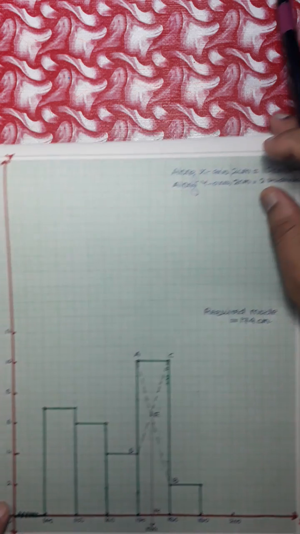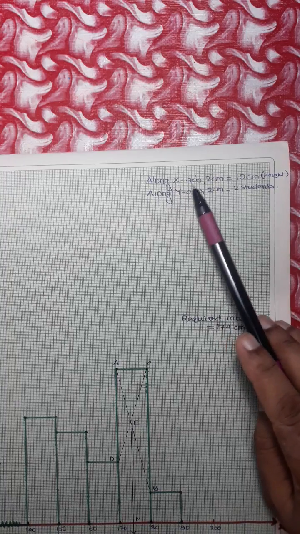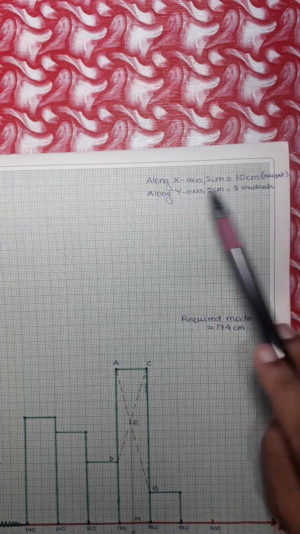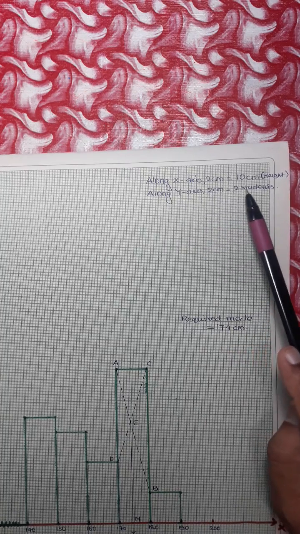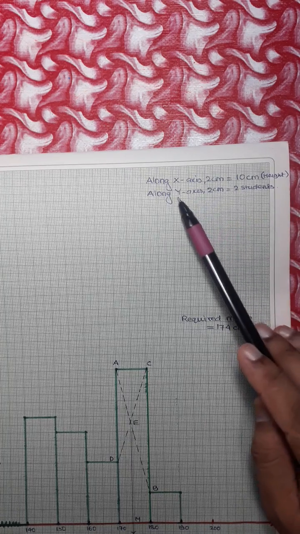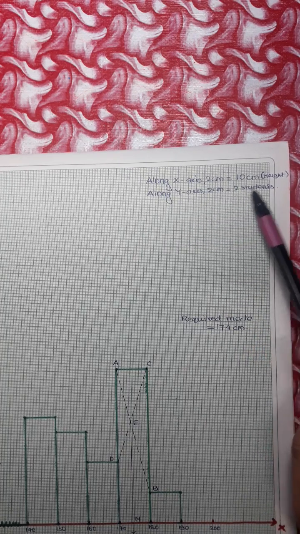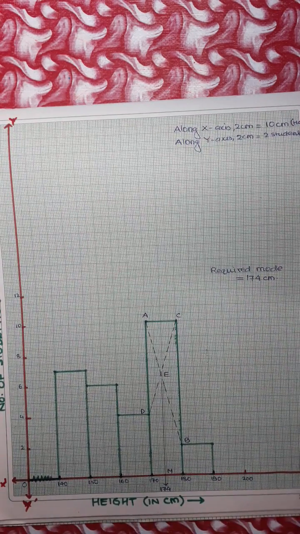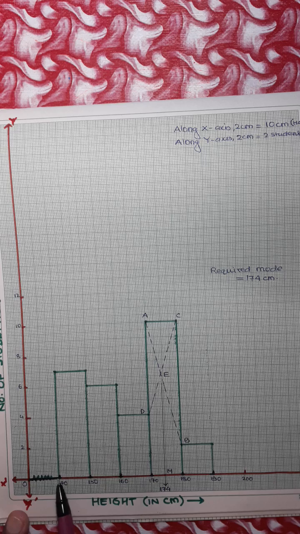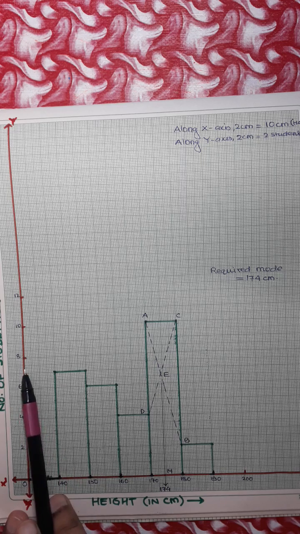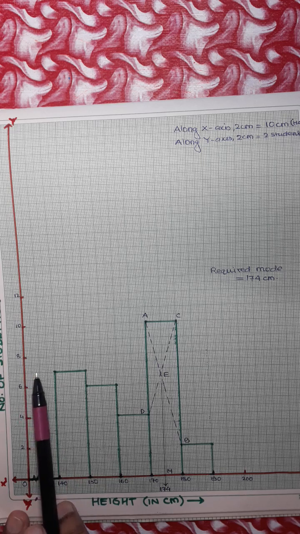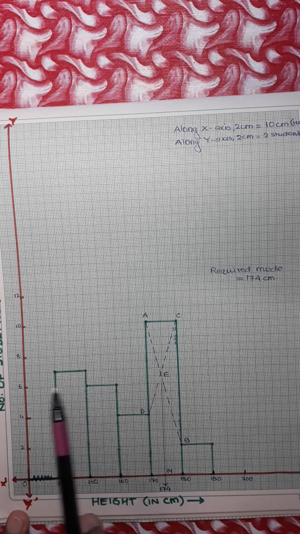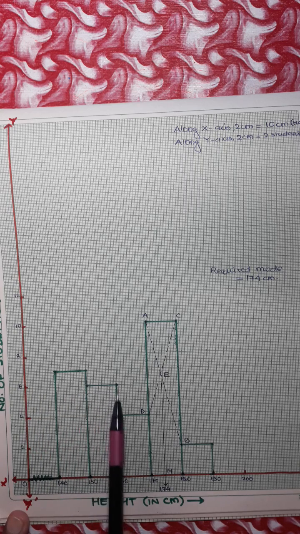In the scale part, along the x-axis 2 centimeters equal 10 centimeters of height. Along the y-axis 2 centimeters equal 2 students, or you can say along the y-axis 1 centimeter is equal to 1 student. Now if you see this graph, from 140 to 150 the number of students is 7. 150 to 160, the number of students is 6.